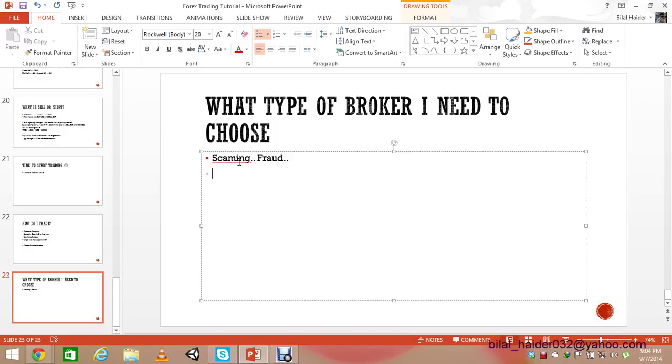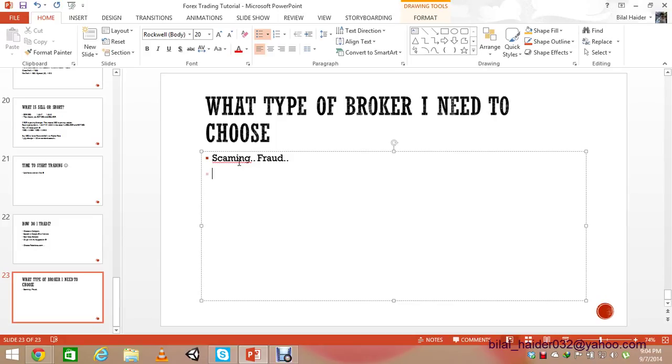The second thing I'm going to write in here is that there are lots of good brokers, the brokers which are actually providing forex services, and they have their liquidity providers, and they buy and sell currencies from you. But you will say, okay, I have lots of good brokers which are not fraud, so tell me which one of them should I choose.